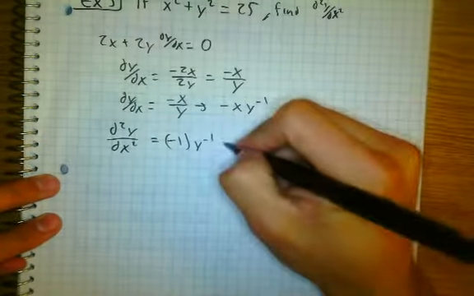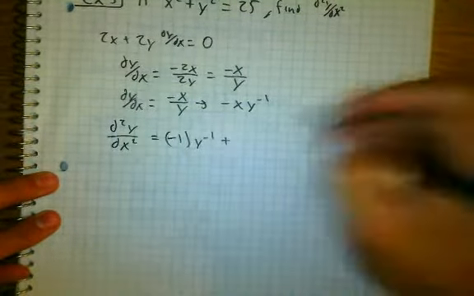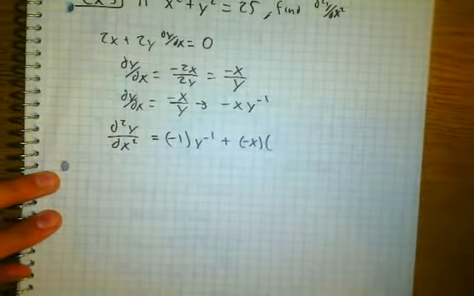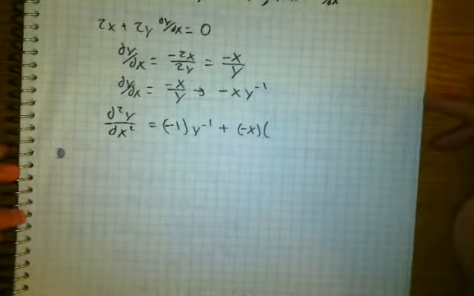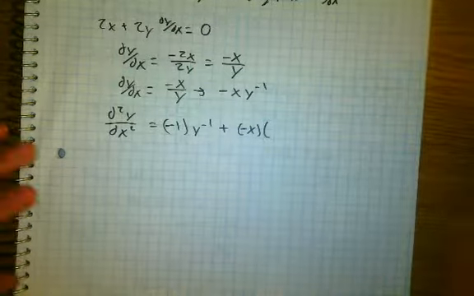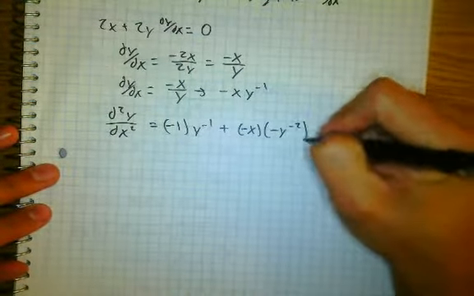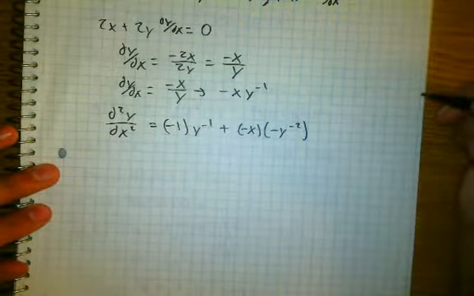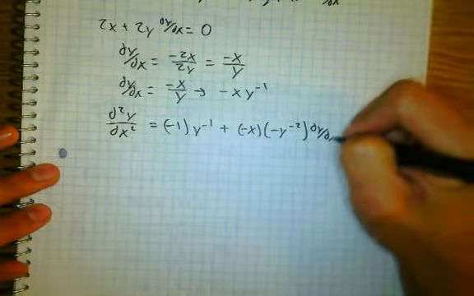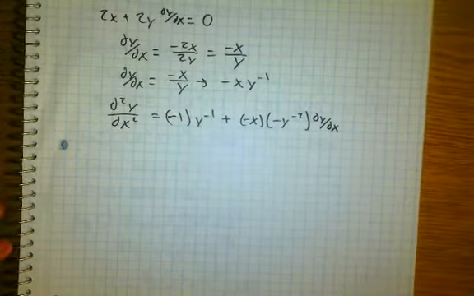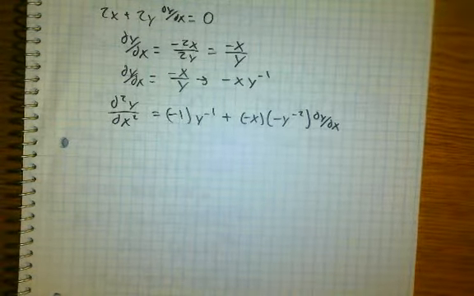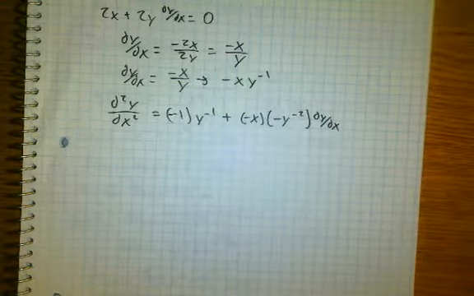I'm going to leave that alone, plus negative x times the derivative of y, which in this case is negative y to the negative 2 times dy/dx. I know it doesn't look pretty, but we can clean up all these negative exponents, right?